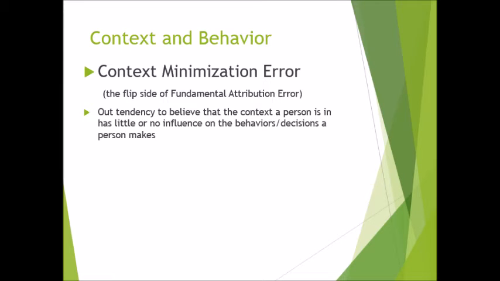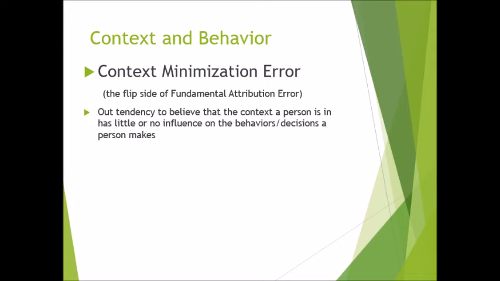Now moving on, we have our context minimization error. So we talked a little while ago about the fundamental attribution error. This is when we see a snapshot of somebody behaving a certain way, and we just make a decision on who they are rather than what they did in the context of that happening.